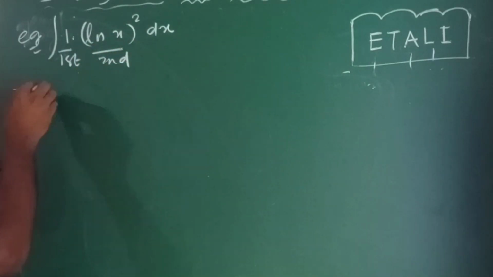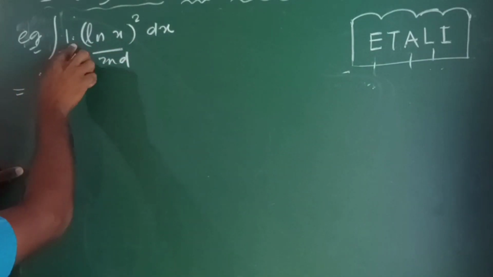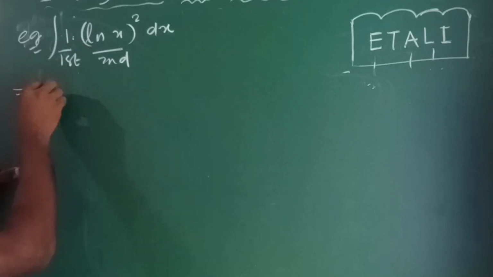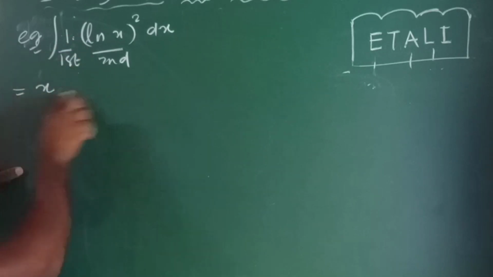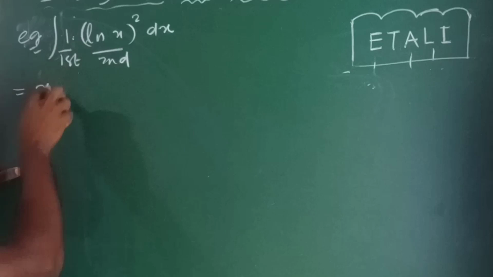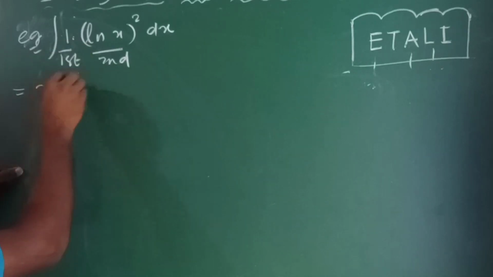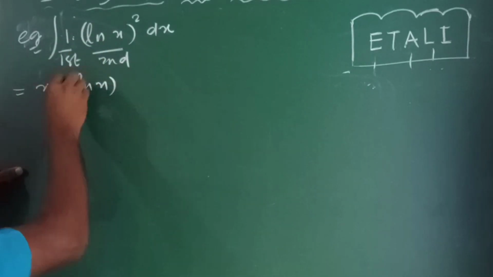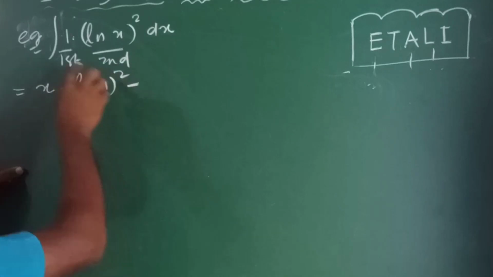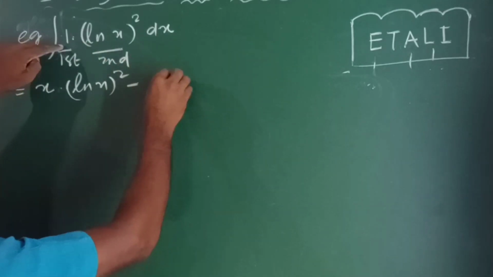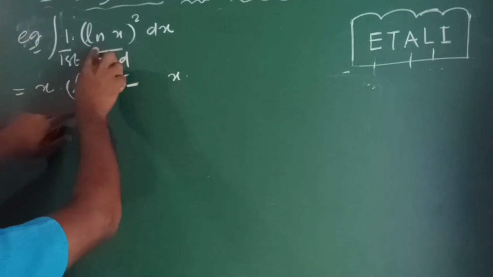So the formula for by parts is integration of first, which is integration of 1, that is x, into second, which is ln x square, minus integration of first, x, into derivative of second.